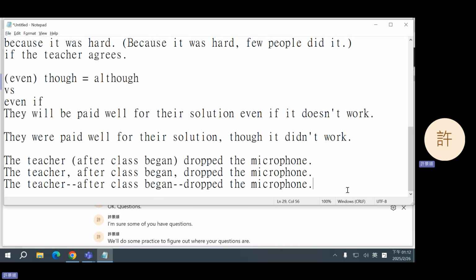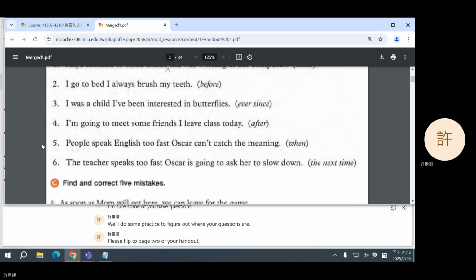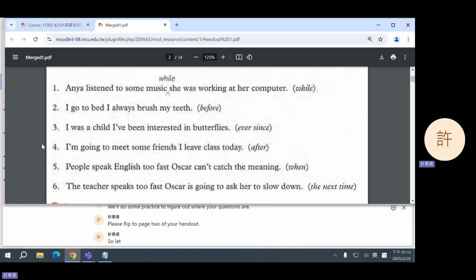Please flip to page 2 of your handout. So let's start from the easiest ones. These 5 questions, number 1 is an example, right?